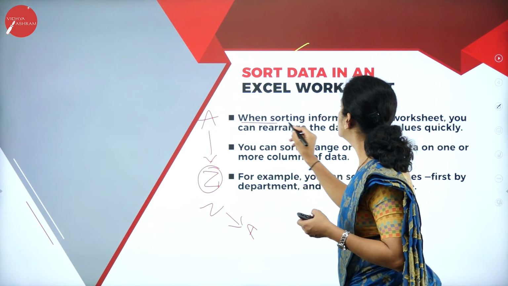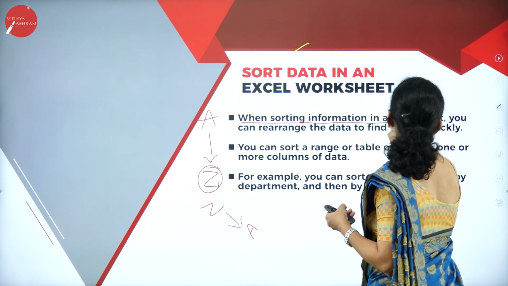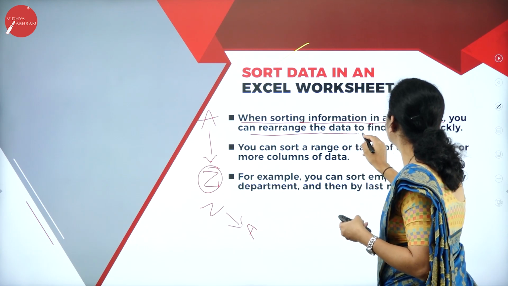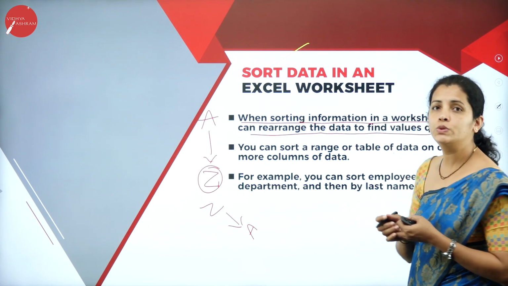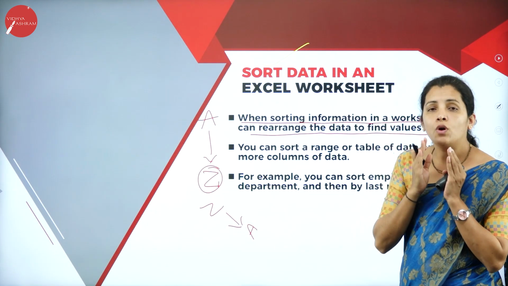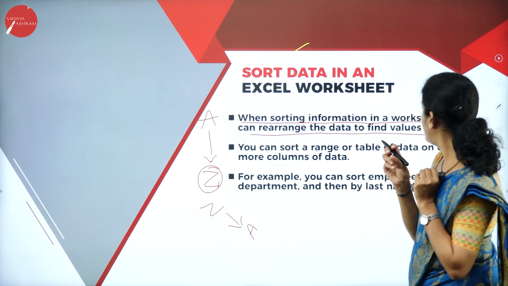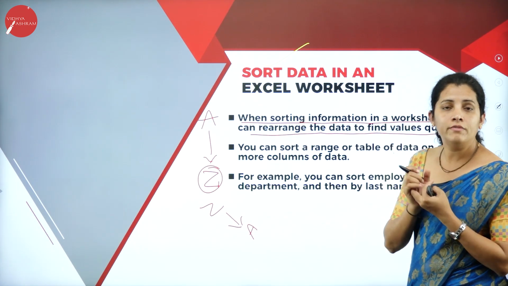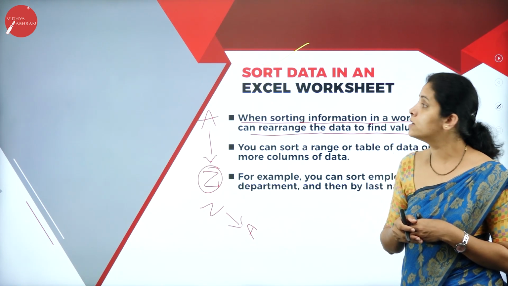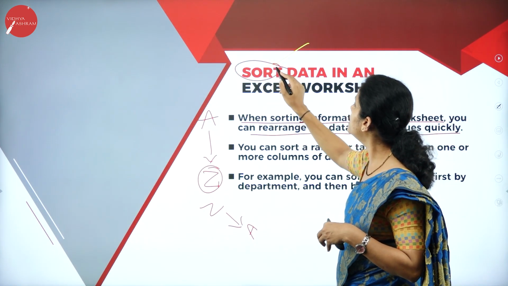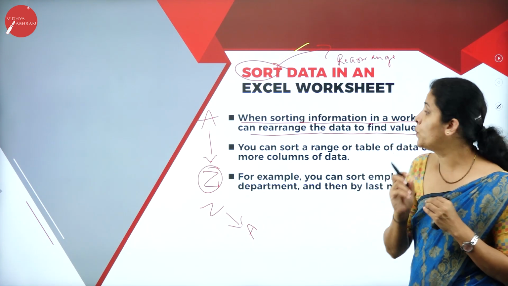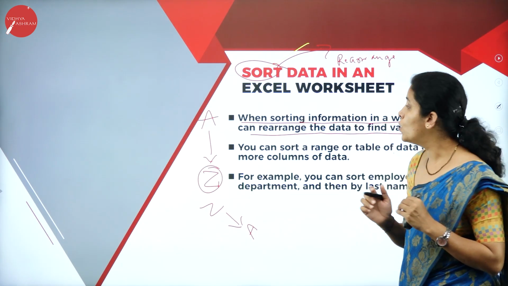When sorting information in the worksheet, you can rearrange the data to find the values quickly. That means, if I want to sort any kind of information in a worksheet, then you can rearrange the data. So here sorting is nothing but rearranging data to find the quick value or faster value.